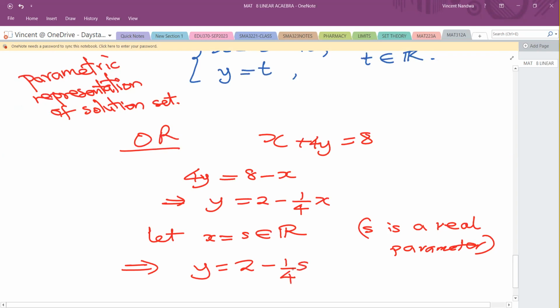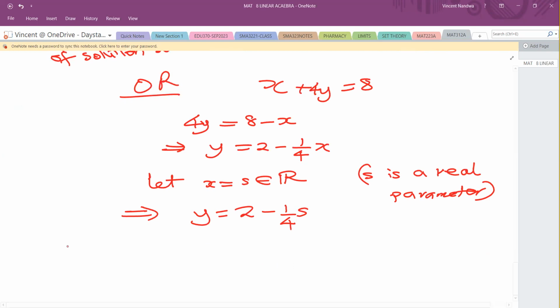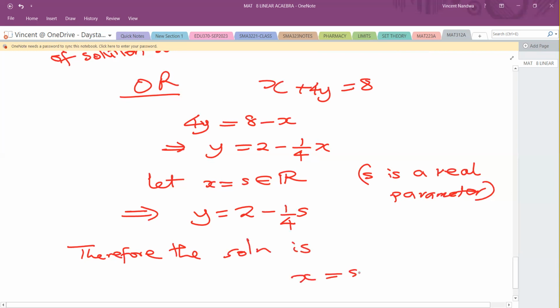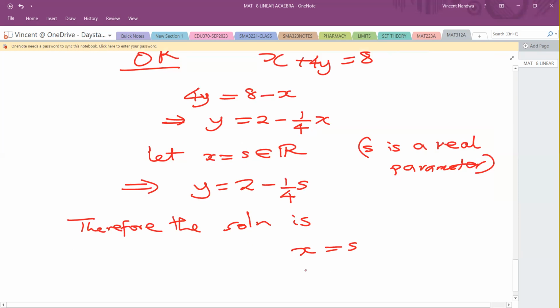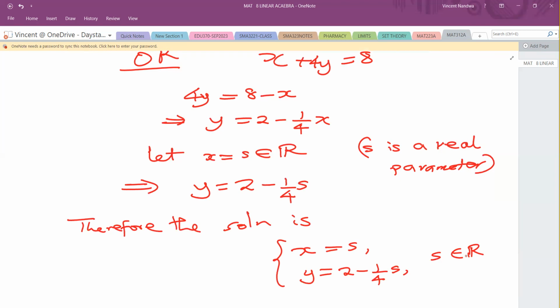So which tells you that the solution is x is s, and y will be given by 2 minus a quarter s, and then you specify that s is any real number. So that's another way of solving the same equation. With a specified value of x, you'll get a corresponding y by simply playing with values of s.